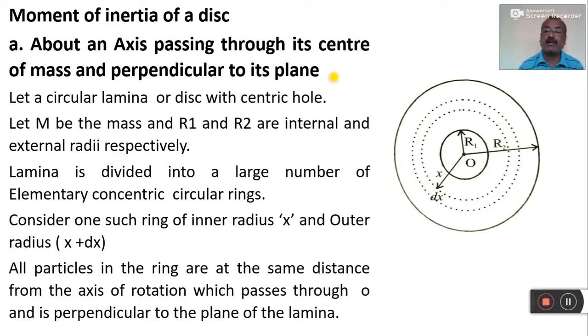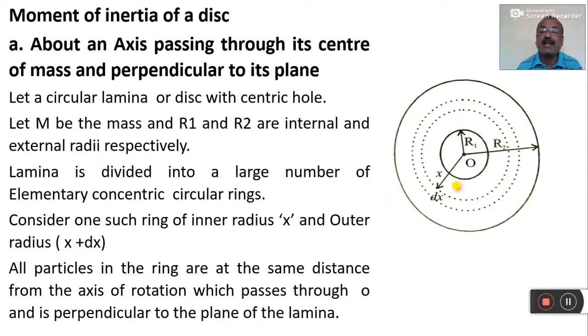For this, let us consider a circular ring. Let R1 be the inner radius of this ring, and R2 be the radius of the outermost layer.